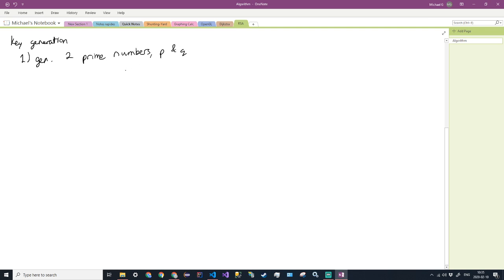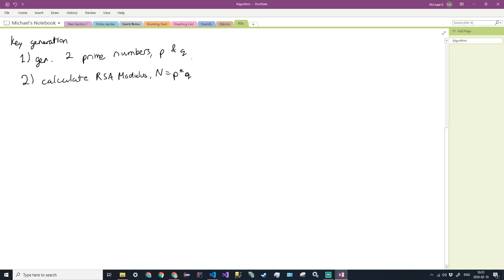With that, we calculate n, the RSA modulus. That's what this number is called, the RSA modulus, n, which is equal to p times q.